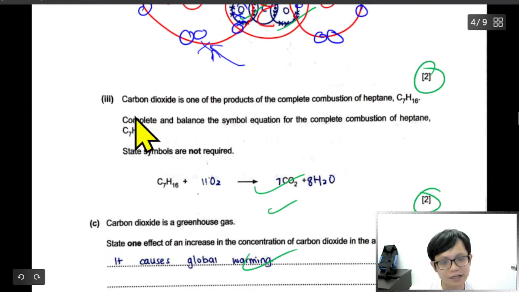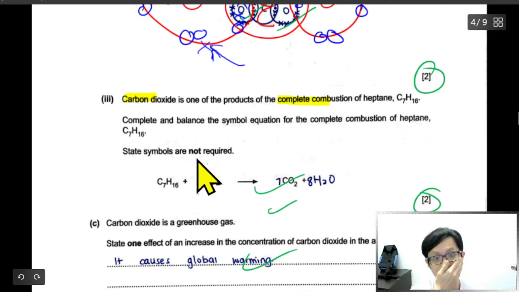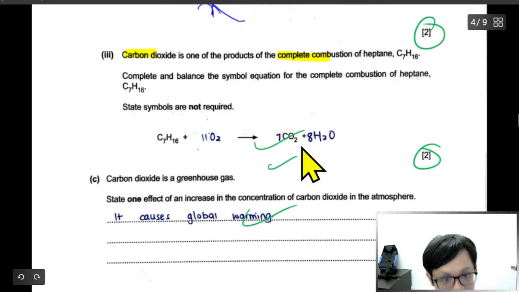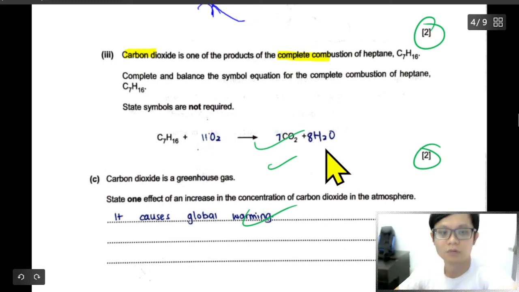Okay, number 3, carbon dioxide is one of the products of the complete combustion. Carbon dioxide, so I just highlight it. Complete combustion of C7H12, complete the balanced equation for heptene. So this one adds oxygen, I will get carbon dioxide and water. So let's balance it.